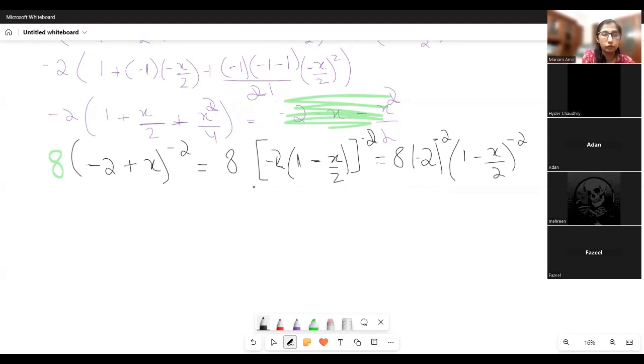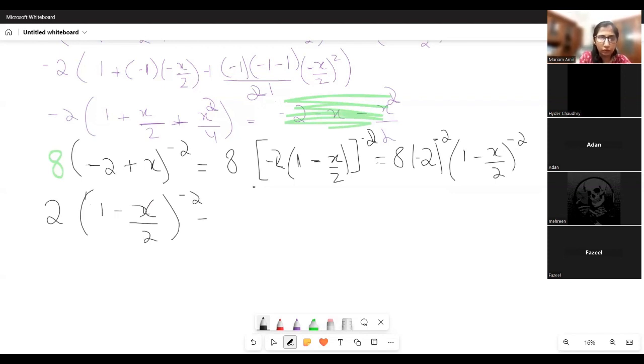So I have 2 times 1 minus x upon 2 power minus 2. Okay.